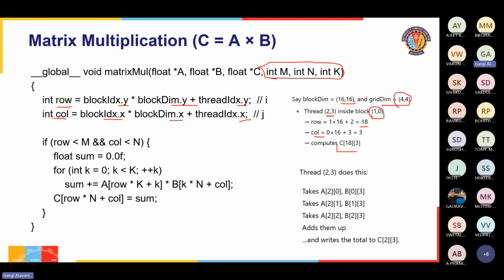It computes C of 18, 3. If it is thread 2, 3 in block 0, 0, it will compute another element of C.